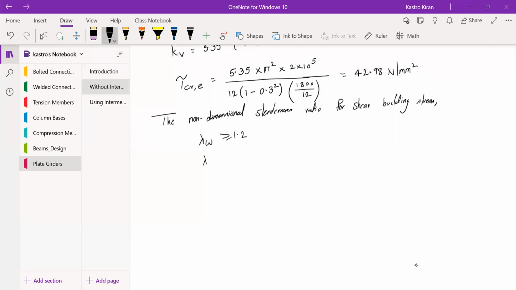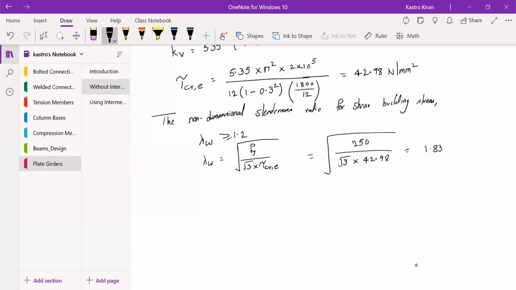When lambda w is greater than or equal to 1.2, the value of lambda w is solved as Fy upon root 3 into tau CRE, which is the elastic critical shear stress. The value of Fy is taken as 250 upon root 3 into the elastic critical shear stress, which is 42.98. If you solve this, you will get the value of lambda w as 1.83.